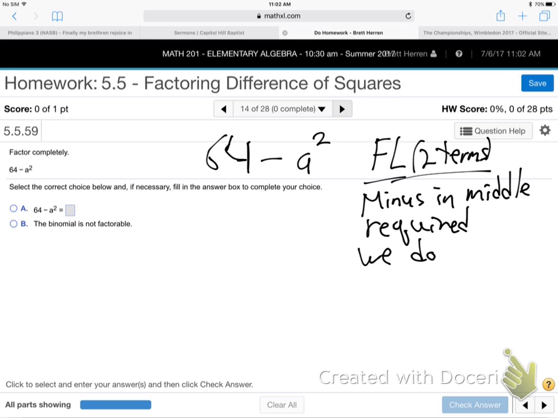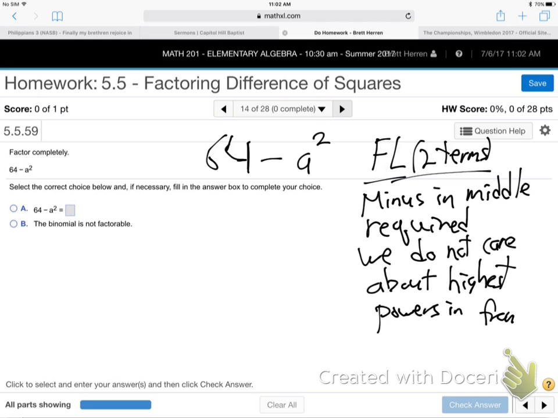We do not care about highest powers in the front.